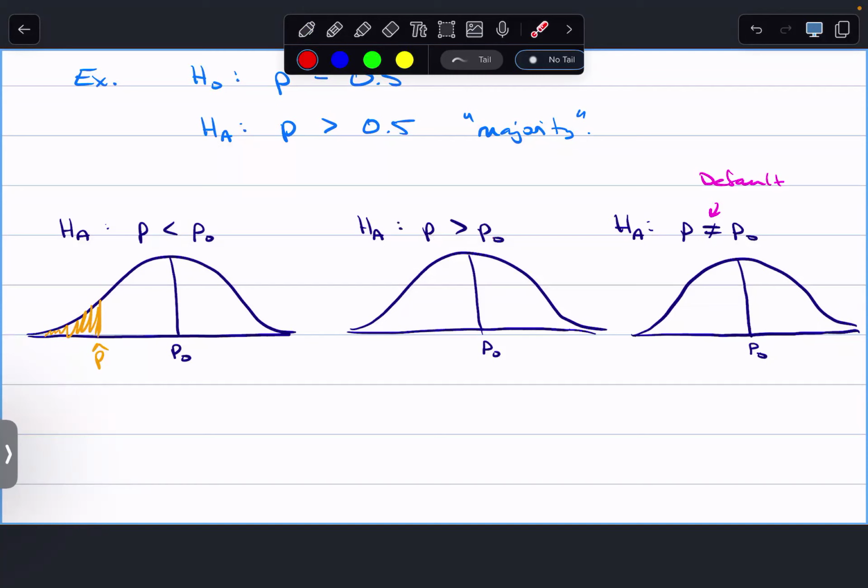If P is greater than P naught, then again, you can't use 0.4 to prove that it's more than 0.5, right? That's hard or impossible. And so you better hope that your P hat is somewhere larger than P naught, in order to get anywhere, right? And so then the area that you want, the P value, is going to be this area in the upper tail.